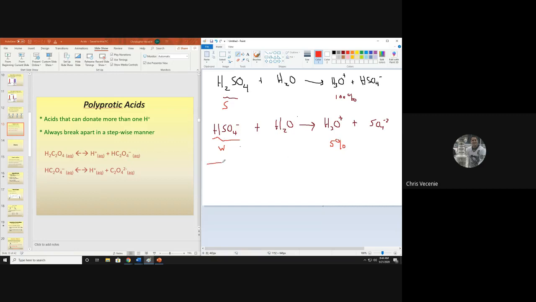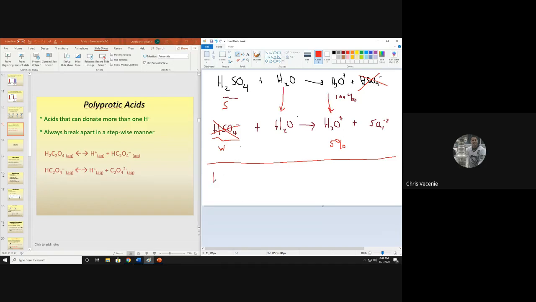All right, so sometimes they'll ask you what the overall process for this looks like, and then all you do is cancel stuff that you see on opposite sides of the equation that are the same. Those guys would go, and then add together stuff on the same side that you see.